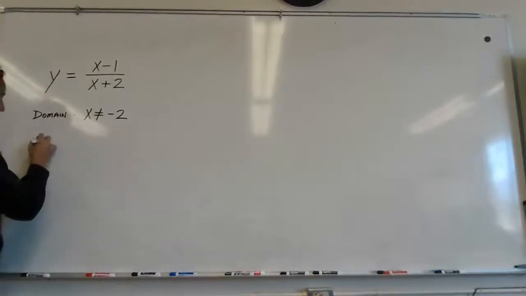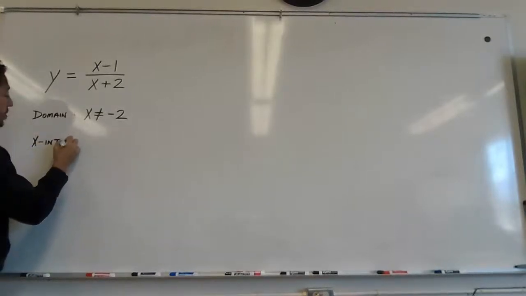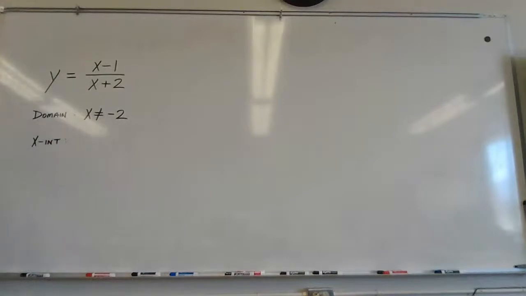X-intercepts. So what does it mean to be an x-intercept? If you're an x-intercept, you are crossing on the x-axis, which means your y value is 0. So this basically is asking the question, how is it possible for y to be 0? If you're having trouble keeping your thoughts straight, you could write: how does this get solved?